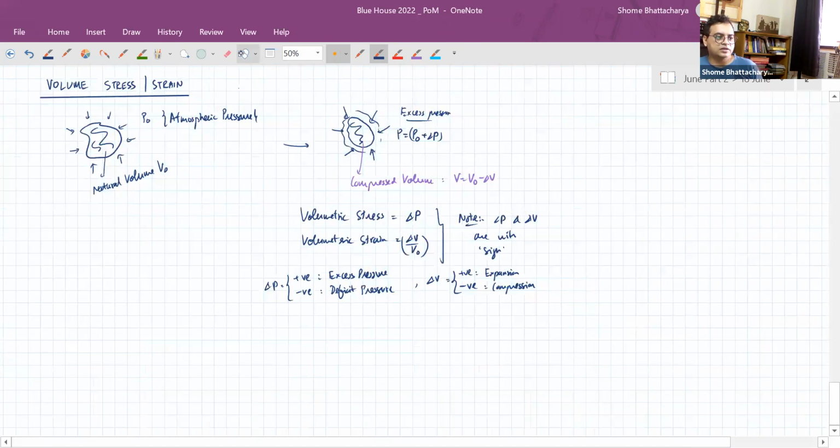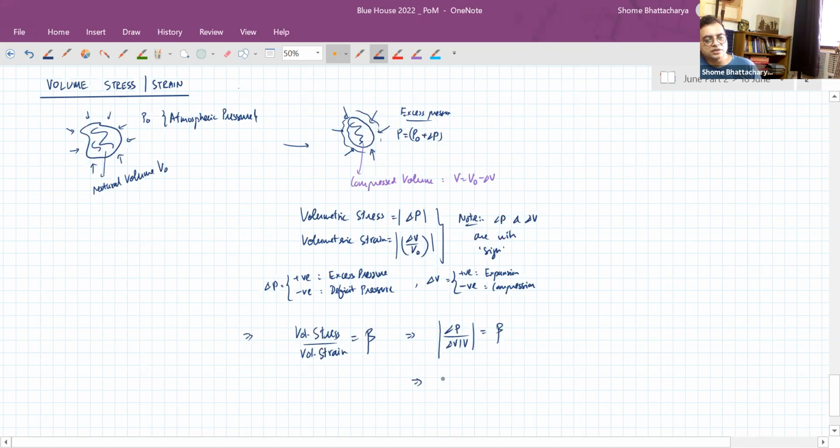So volumetric strain is accordingly written as modulus of delta V by V, and volumetric stress is modulus of delta P. The ratio of volumetric stress to volumetric strain is the bulk modulus.